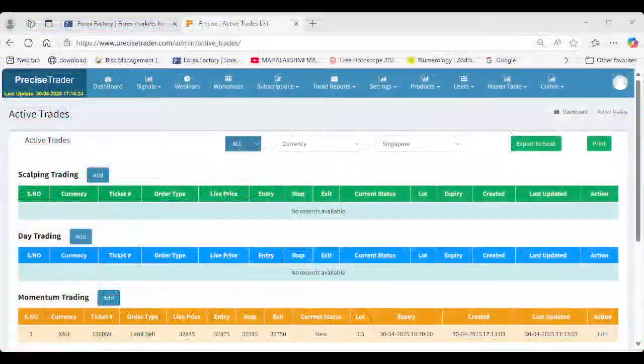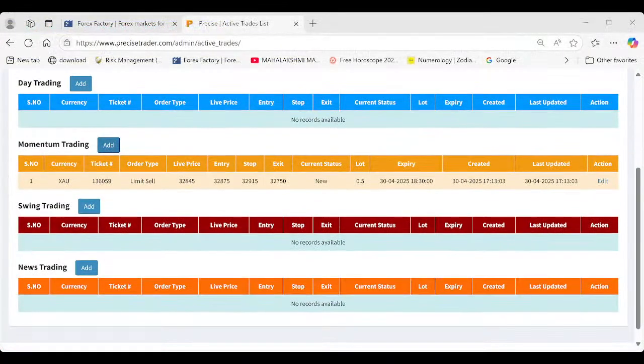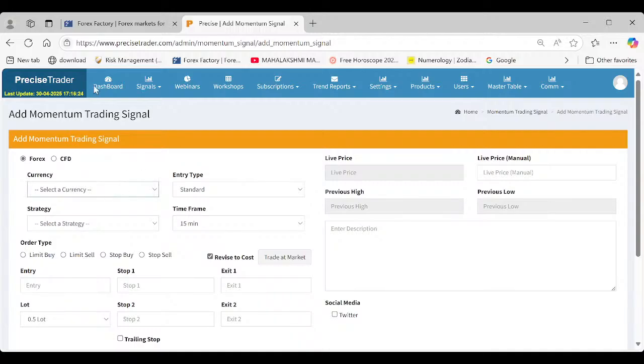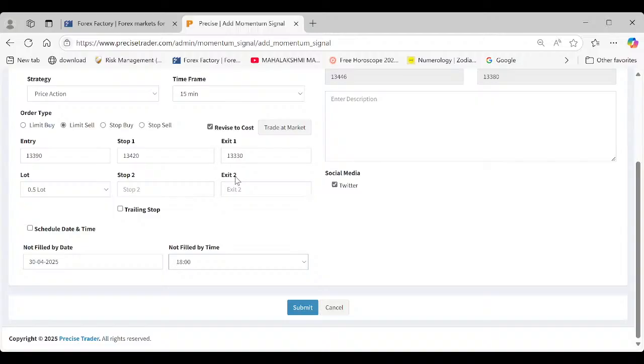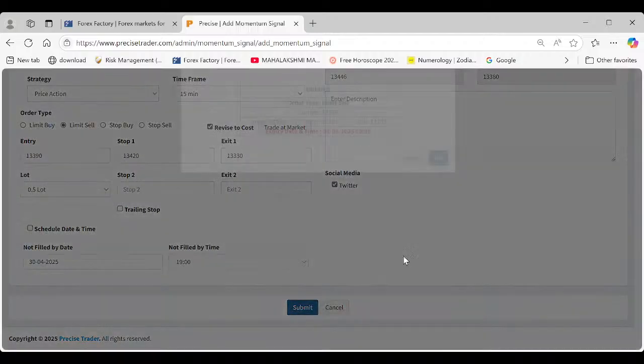Okay, so this should be our trade setup for pound. Okay, I repeat, selling at 3390, 3420 stop, 3330 as our TP, and this one expiry we can give about 1.5 hours.